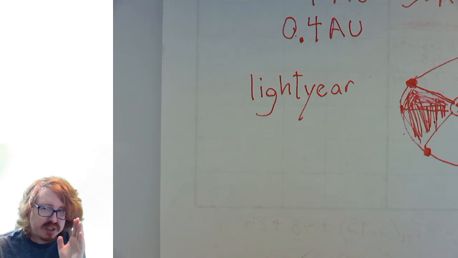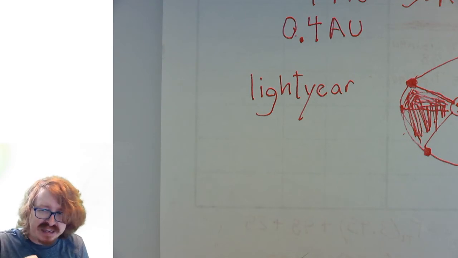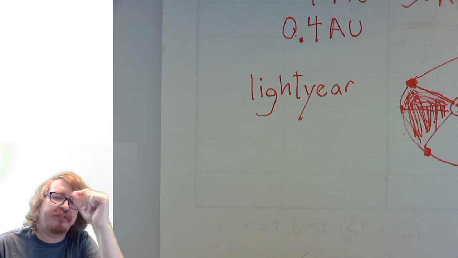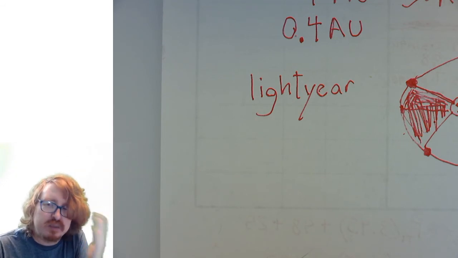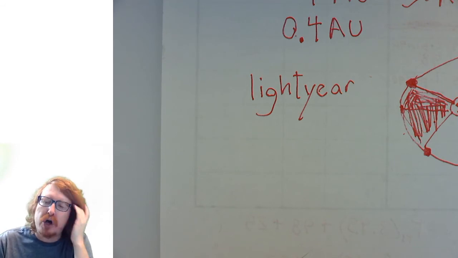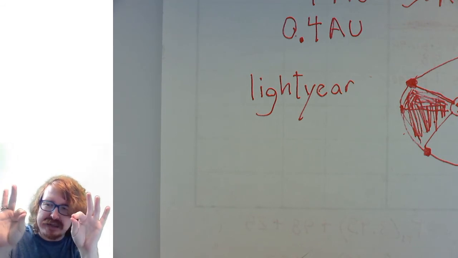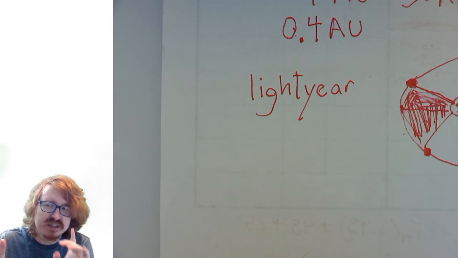Check this out. Special property of light. There's something very special about light speed, okay? Now, a lot of people know that light speed is very, very fast, but that's not the most special thing about it. Does anybody know what's special about light speed? It's a very important property of it.